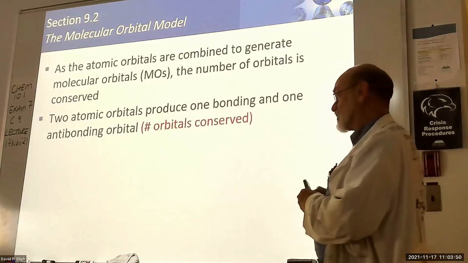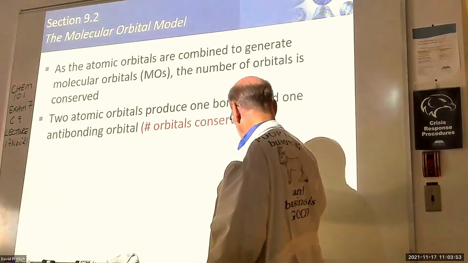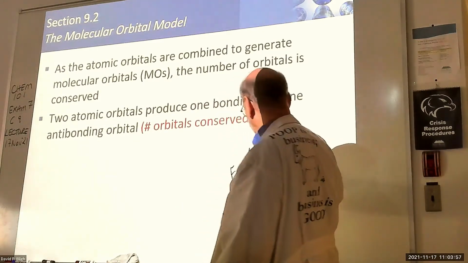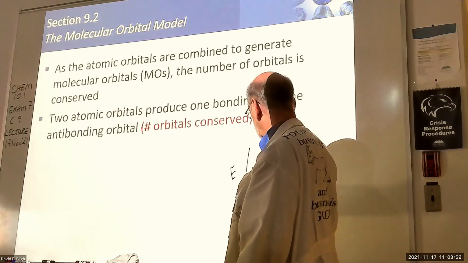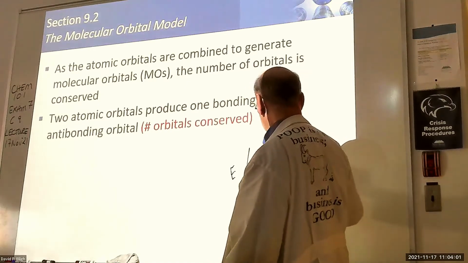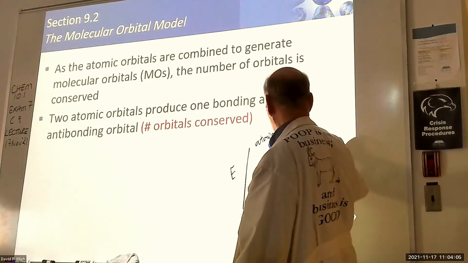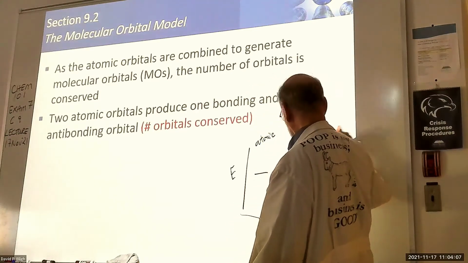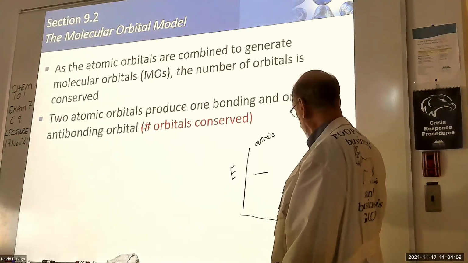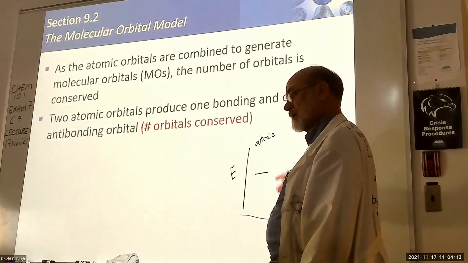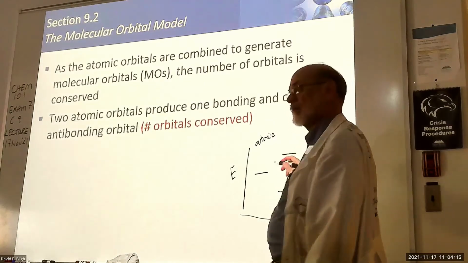And in terms of energy, this is the energy scale. These are the individual atomic orbitals here. Then when they go in, they'll produce a bonding orbital at lower energy and an anti-bonding orbital at higher energy.